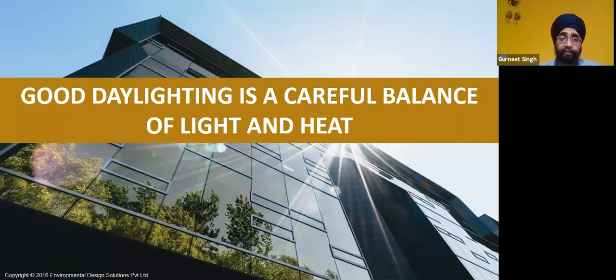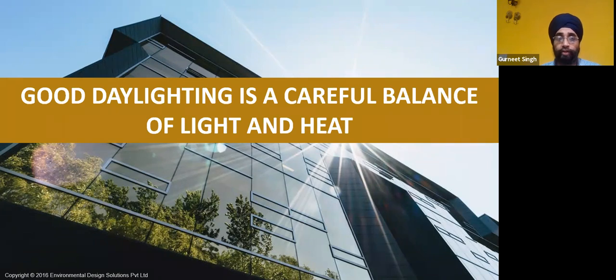So shading plays a very, very important role in preventing this, and shading plays a very important role in daylight design. So I request everyone to look into this shading part. Shading is nothing but a combination of horizontal and vertical elements which vary depending on the geographical location, whether your project is in New Delhi or in Chennai or in Australia.